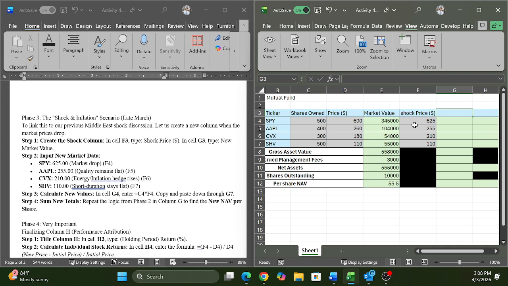Now let's calculate the new values. And first of all, in the cell G3, what do we do in G3? Oh, new market value. We type it, new market value equals shock price. So F4 times C4.